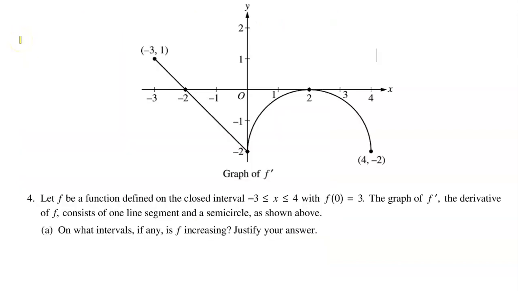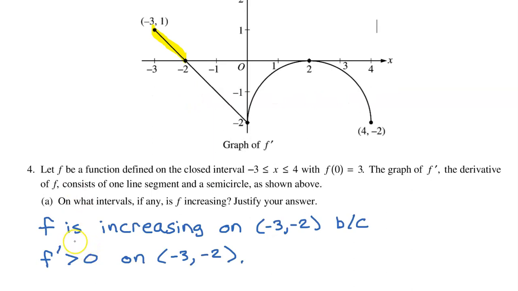We can tell that f prime is positive in this interval because it is above the x-axis. Therefore, the original function f will be increasing from -3 to -2. We would say f is increasing on the interval from -3 to -2 because f prime is positive on the interval from -3 to -2.